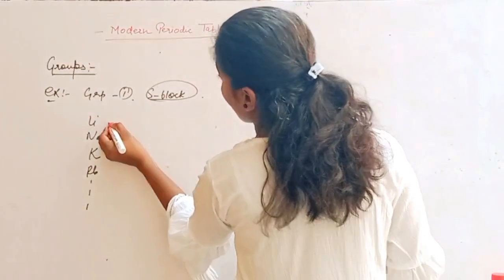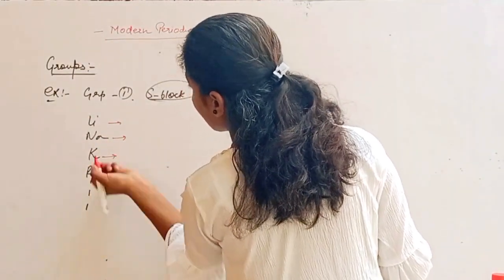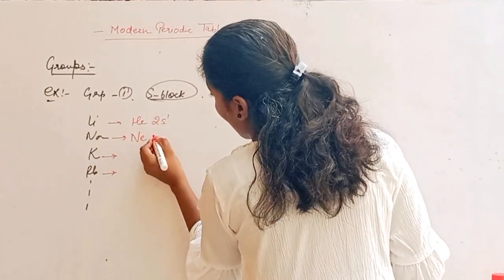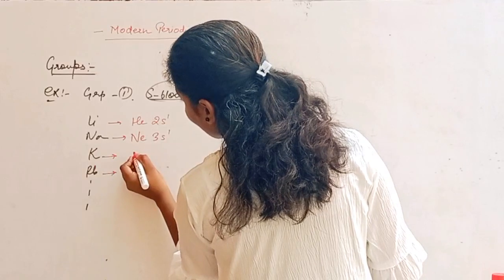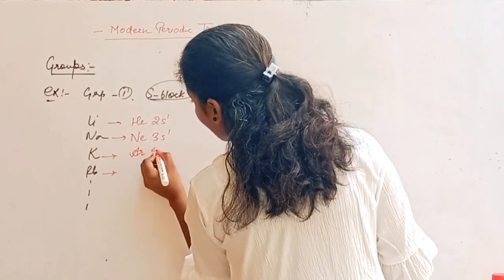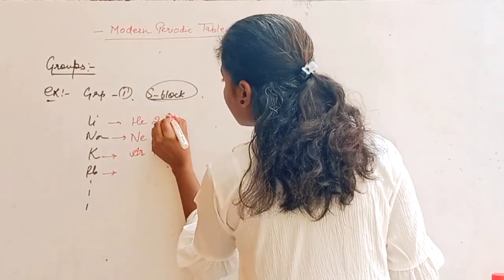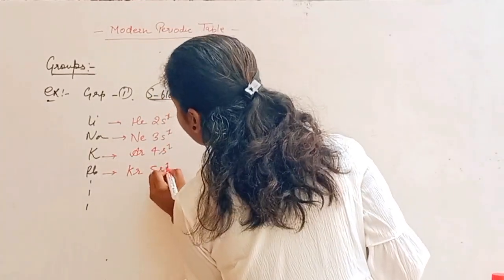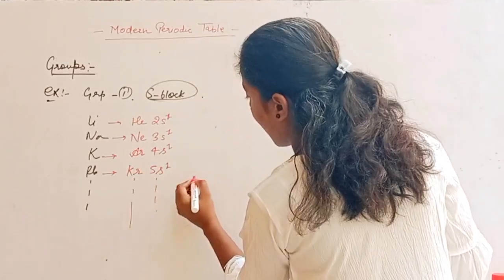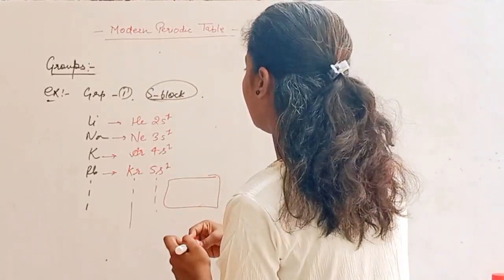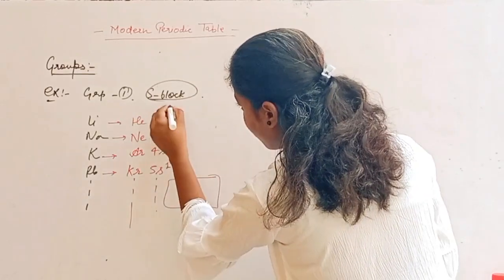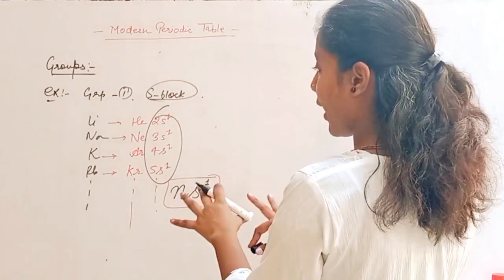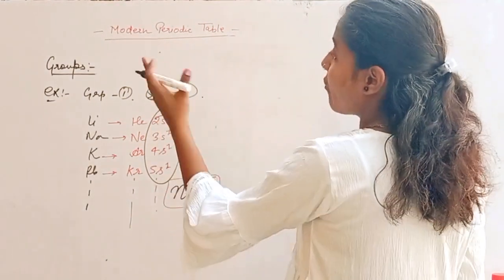Lithium is written as helium 2s1, sodium as neon 3s1, potassium as argon 4s1, and rubidium as krypton 5s1. So you can see the table gives the electronic configuration of the valence shell in the form of ns1.